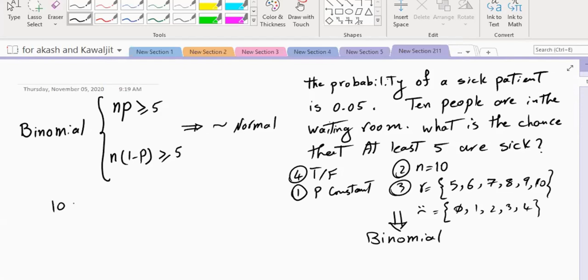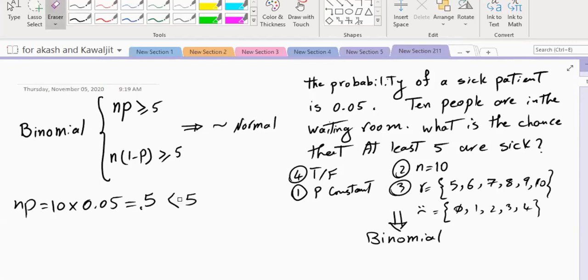N is 10, P is 0.05. So NP is what? 0.5. It is not greater than 5, it is less than 5. Therefore, we have to do binomial. You have to answer this question with binomial.